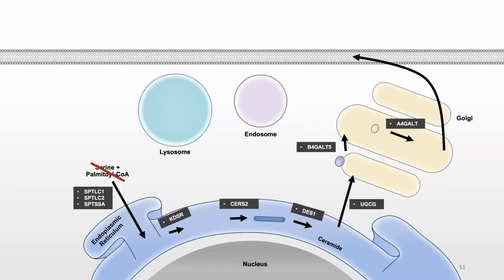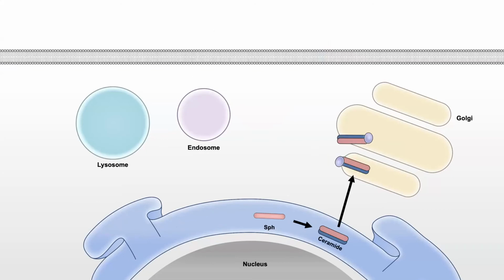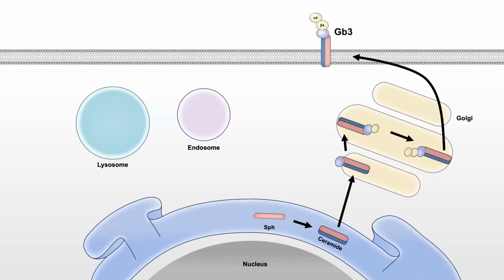We did the screen with the knockout SPT cells, which would lower drastically the level of GB3 on the cell surface. And then we added to the cells either S1P or sphingosine. So the idea is that the cells would incorporate the S1P or sphingosine and reutilize the sphingoid base for the production of GB3.